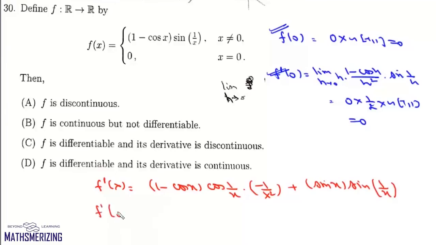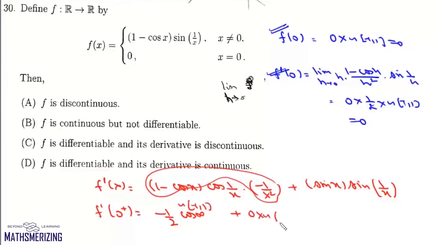Now if we find f'(0) positive, this is (1 minus cos x) upon x square, which is 1 by 2, and this is cos of infinity, which is oscillating value from minus 1 to plus 1, and the right hand side will be 0 into oscillating value minus 1 to plus 1. So we are getting this value as oscillating value between minus 1 by 2 and plus 1 by 2. That means this function is differentiable, but its derivative is discontinuous, and that's your option C.